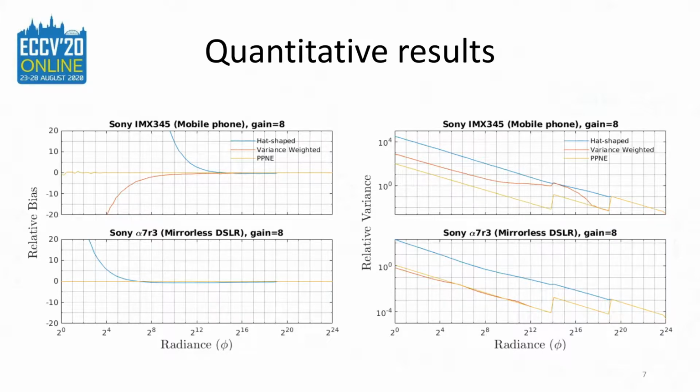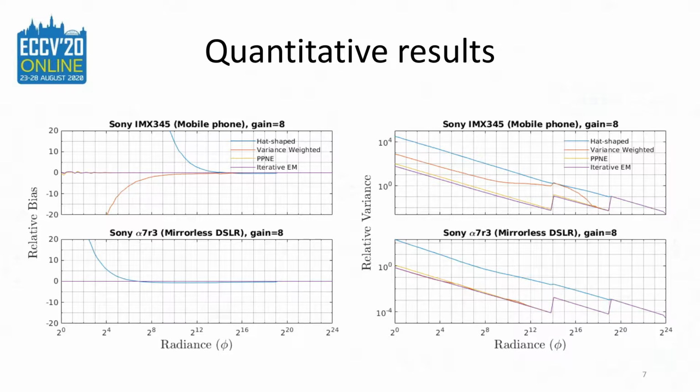Overall, the error of PPNE is comparable with that of the EM estimator, which is the best estimator used in practical applications. Further, we prove that PPNE is unbiased and has the minimum variance among all the estimators for the simplified noise model without static noise.